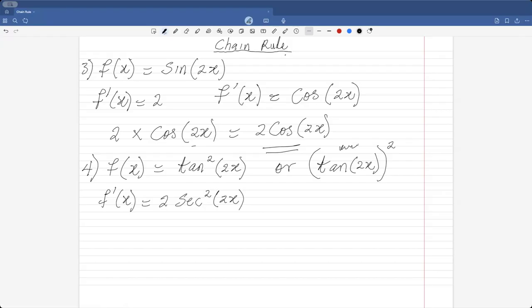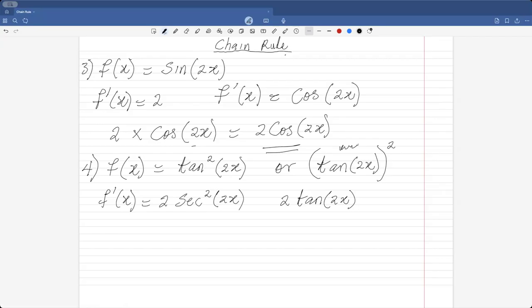Now, what is the derivative of the outside function? The derivative of the outside function is nothing but 2 tan 2x. That is the derivative of the outside function.